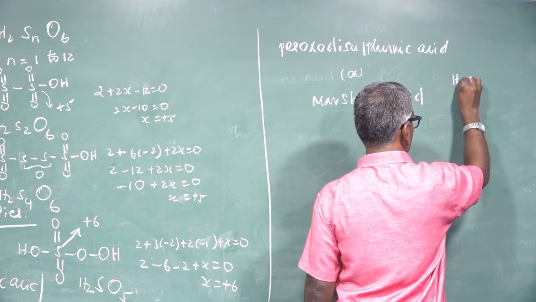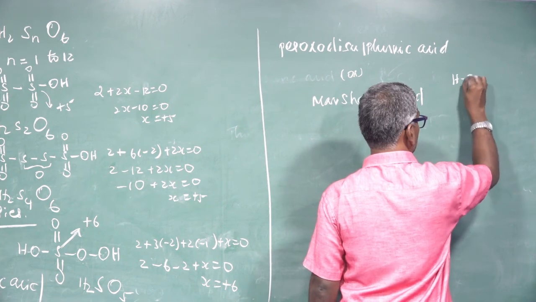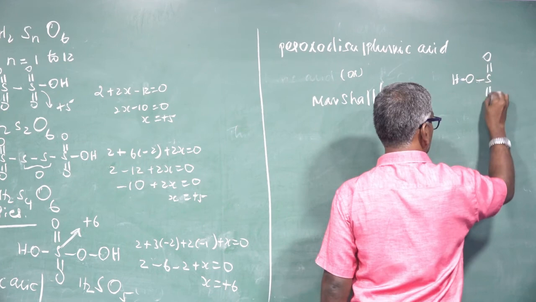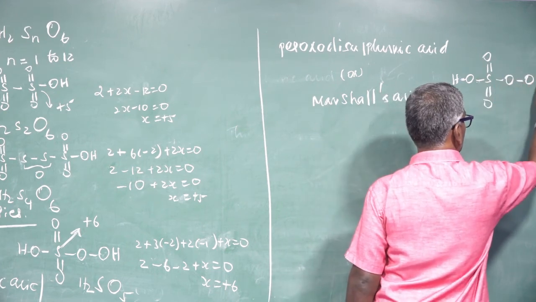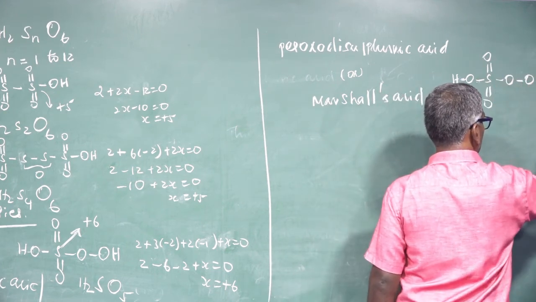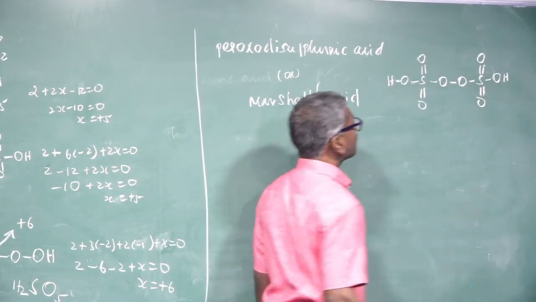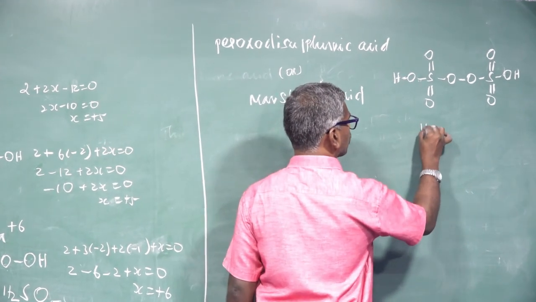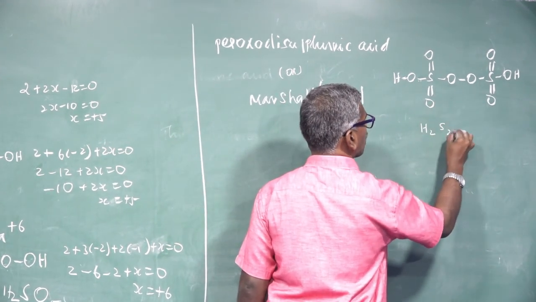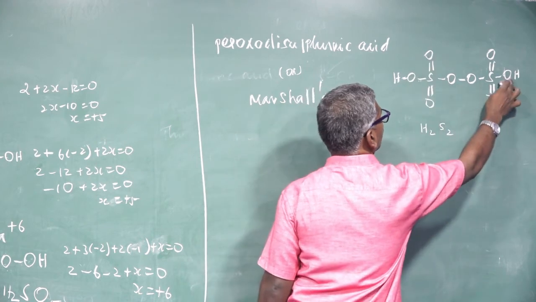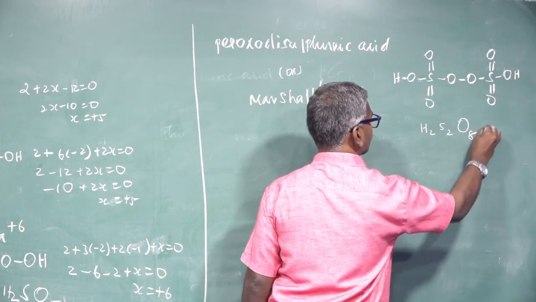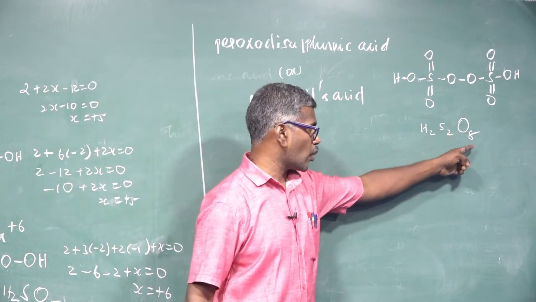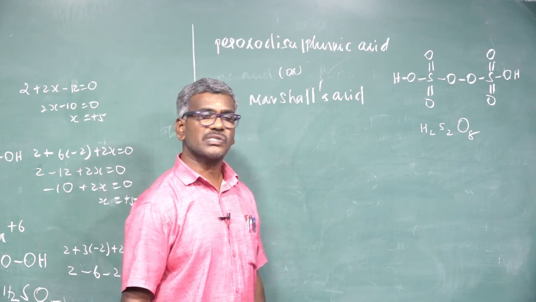Structure, this is the structure. What is the formula? Common hydrogen 2 hydrogen H2, common sulfur S2, common oxygen 1, 2, 3, 4, 5, 6, 7, 8. What is the formula for Marshall's acid? H2S2O8. How to find out oxidation state?